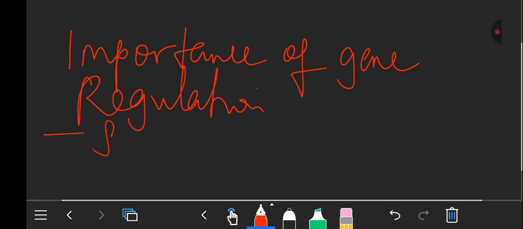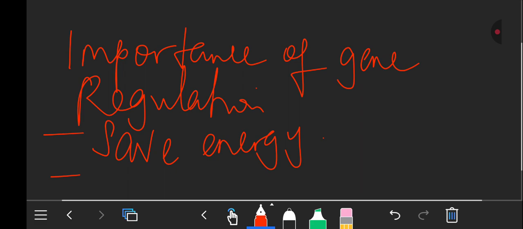One of the importance is that instead of producing too many genes, which can lead to the usage of too much energy, when you are able to regulate, it saves energy. When the body is able to control that at this particular time we don't have to produce too many proteins, so the protein production has to decrease. In that way you'll be able to save energy. The body is able to save energy by regulation.